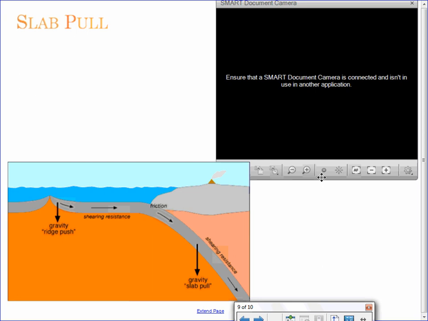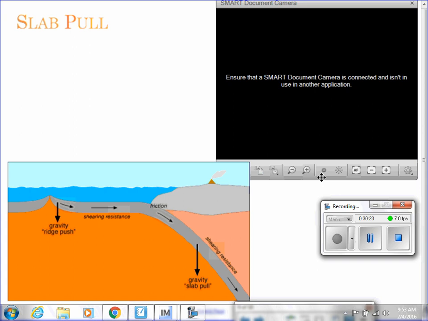Start shifting, going underneath the other. In order for one to sink underneath the other, it has to be more dense or less dense. It has to be more dense in order for it to go under the other, else they would kind of be along the same lines. So when we look at that, it's because one is being pulled under the other, and the reason why it's being pulled under the other is because it's more dense.